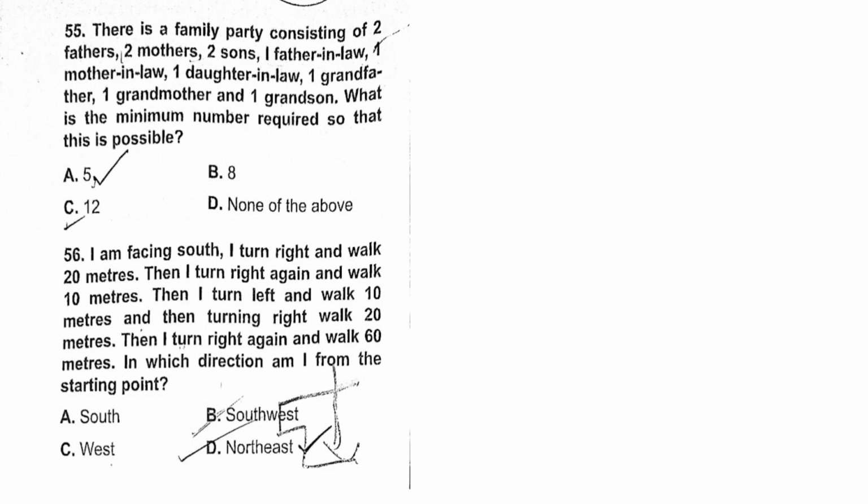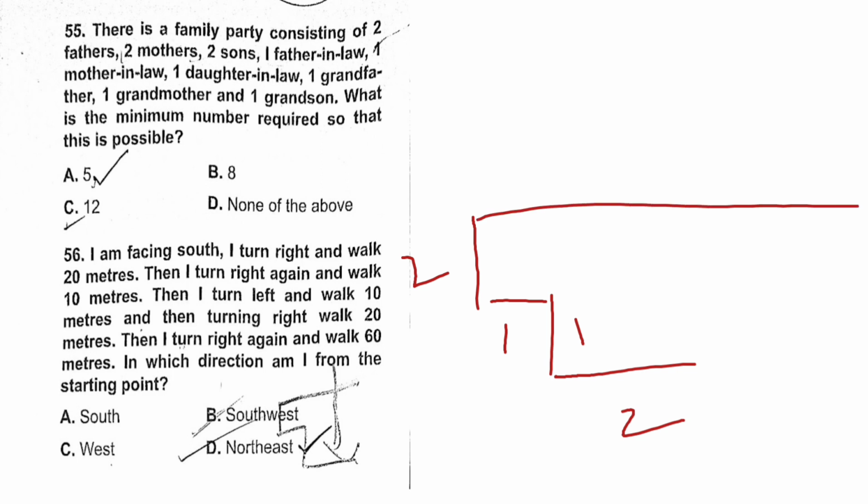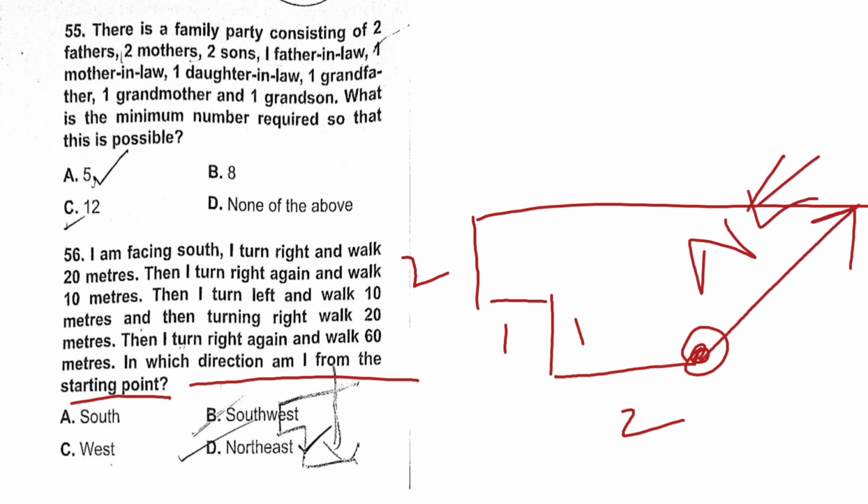This is how you will travel: 20 here, 20 here, 10 here, 10 here, 20 here, and 60 here. The question asks in which direction am I from the starting point? This is my starting point and I am pointing towards this, so I'm pointing towards the northeast direction. So northeast is the correct answer.